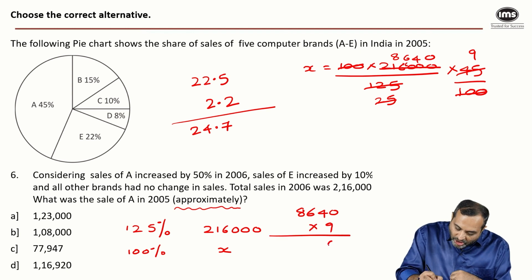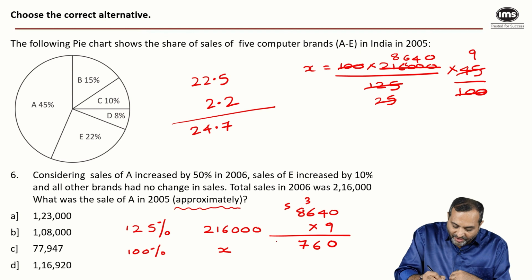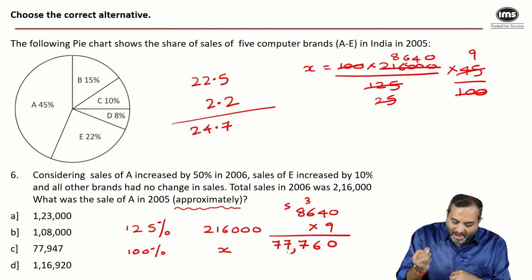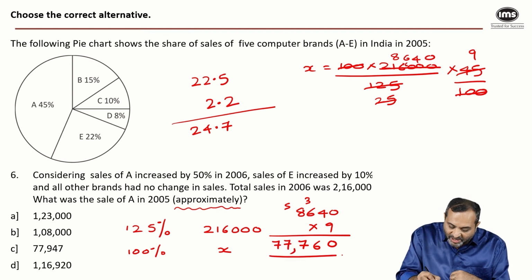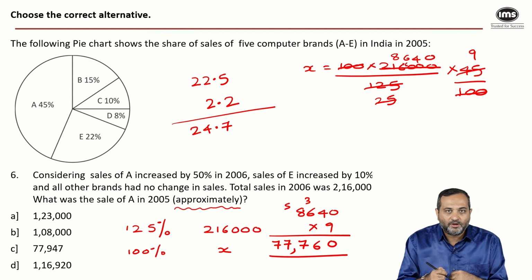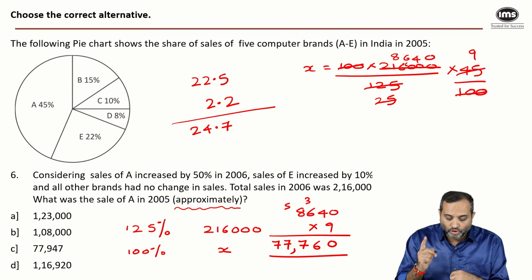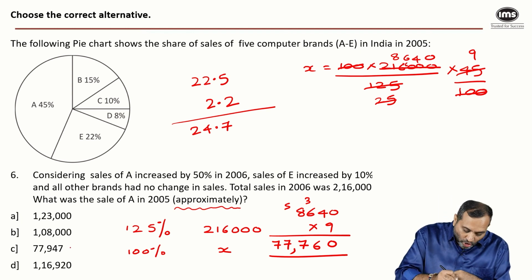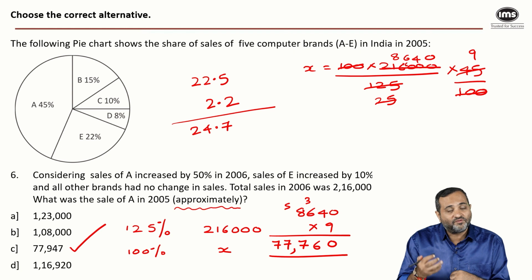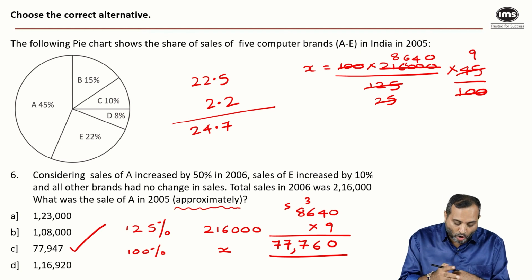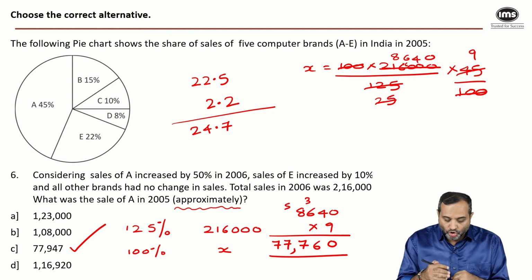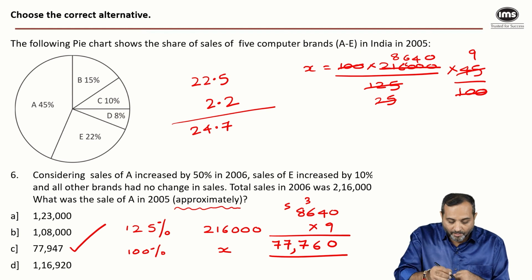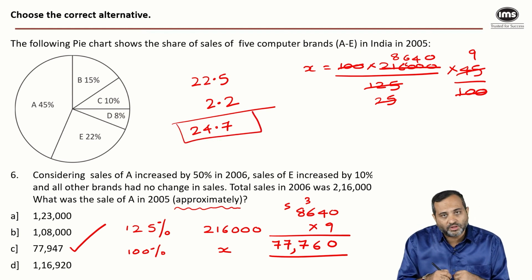So let's do the calculation. 9 4s are 36, 9 6s are 54, plus 3 57, 72 plus 5 77. So my answer has to be somewhere close to 77,760. I said I am going to do approximation, correct? So the closest option to this is option C. Do you see, the question is asking approximation and options are also widely open. So you need not work with the actual numbers, which are not good numbers to work with.